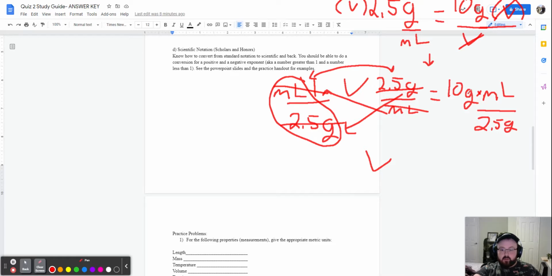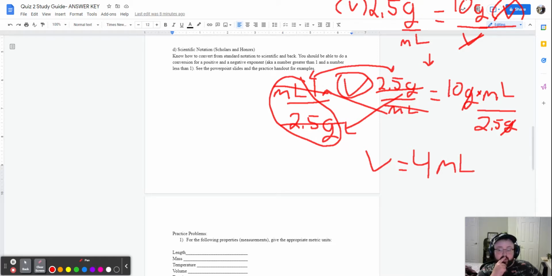Over here, we're just left with the volume equals 10 divided by 2.5, which is 4. The grams cancel. We are left with 4 milliliters. And there we go. So I went the very algebraic route, really showing my work.